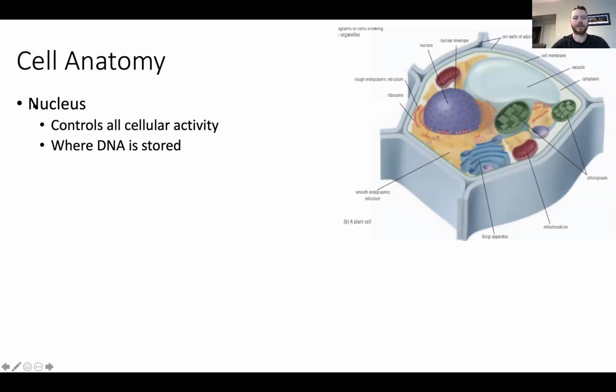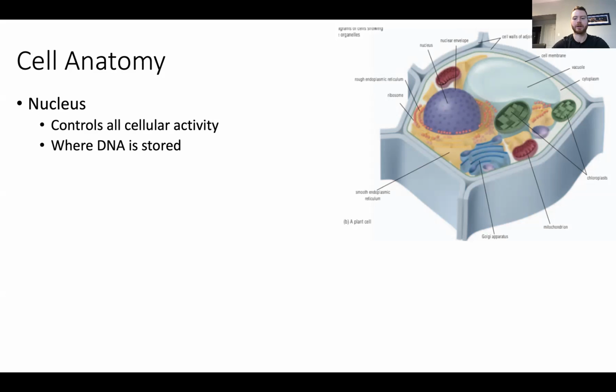So number one is the nucleus. This is this big organelle kind of right in the middle, one of the larger organelles in a cell. This is kind of like the brain of the cell. It controls all cellular activity, and this is where the DNA is stored. The DNA is basically a big long code about what proteins to build and express.